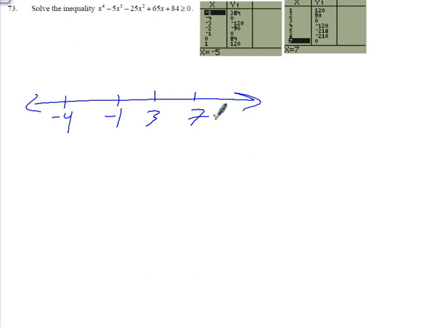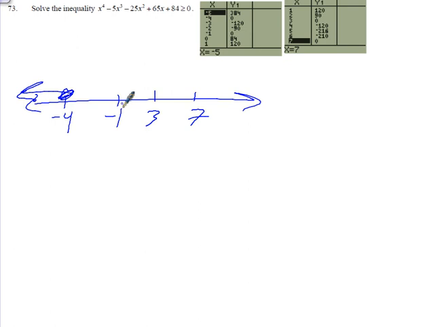Alright, and normally from here I would pick test points, but I really don't need to because I have these values here. So from -4, before -4 it's above 0. So I know that from here and over it's going to be above 0. From -4 to -1 it's below 0.